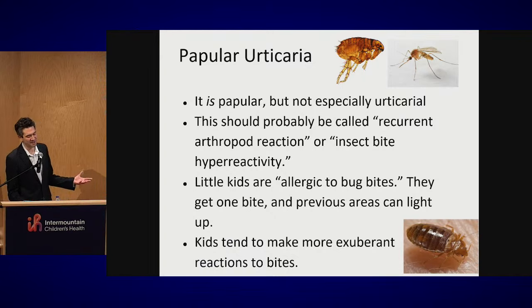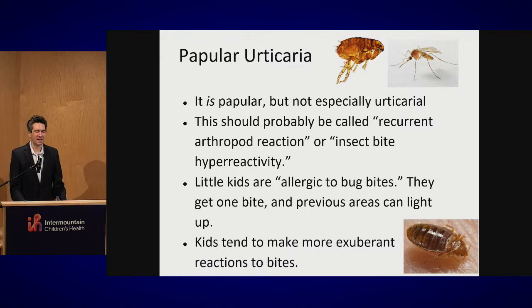So, the way I explain this to families is that in some ways, little kids are like allergic to bug bites because their immune systems are still developing. So, weird things can happen when they get bitten by a bug. They can get bit here, but it's some old bite over here that lights up for some reason. They can get bit, but they don't actually show the reaction for a couple weeks afterward.